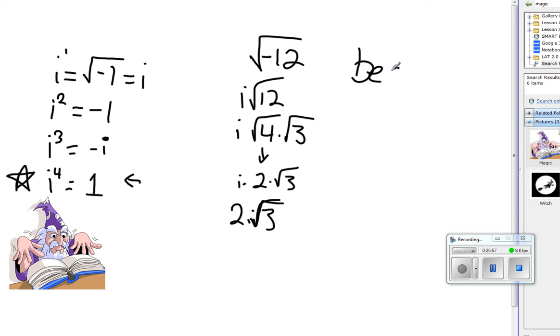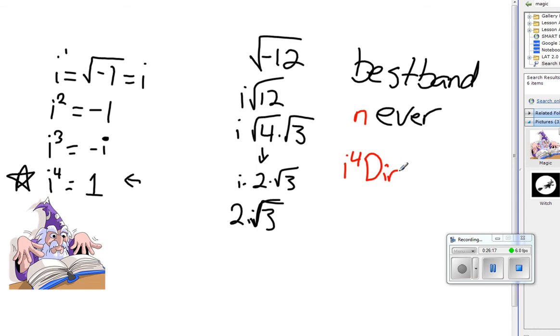Best band. What about i to the 4th? i to the 4th. That's just 1. Ha ha ha. That means we should get the kids starting to call it 1 to the 4th direction. Yeah. 4th direction.